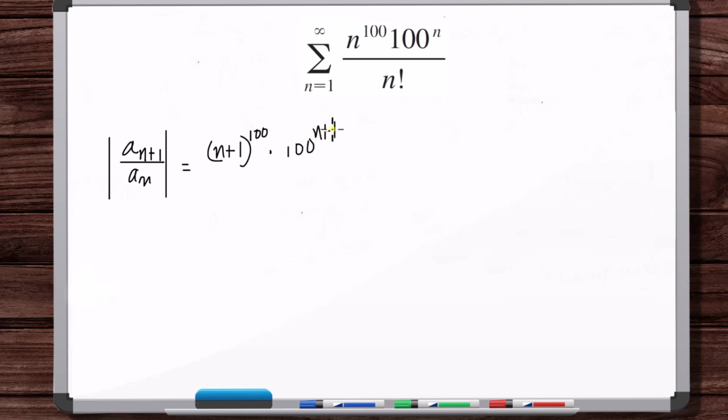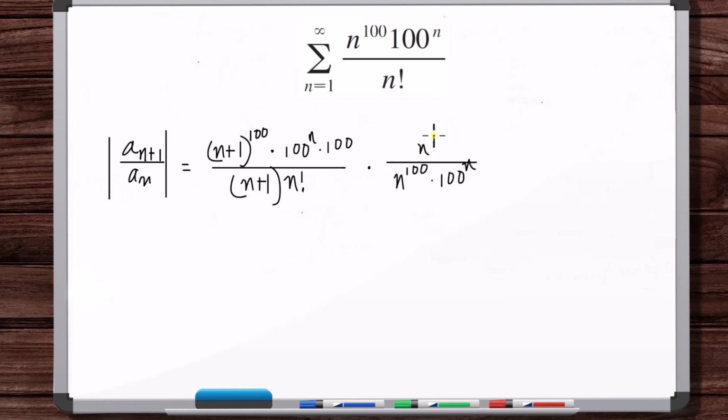And let's go ahead and change this to 100 to the n times 100 to the first, just 100. Okay, n plus 1 factorial, which we know is n plus 1 times n factorial, because we know these are going to end up canceling. So, okay, we've got n to the 100 times 100 to the n, and then n factorial.